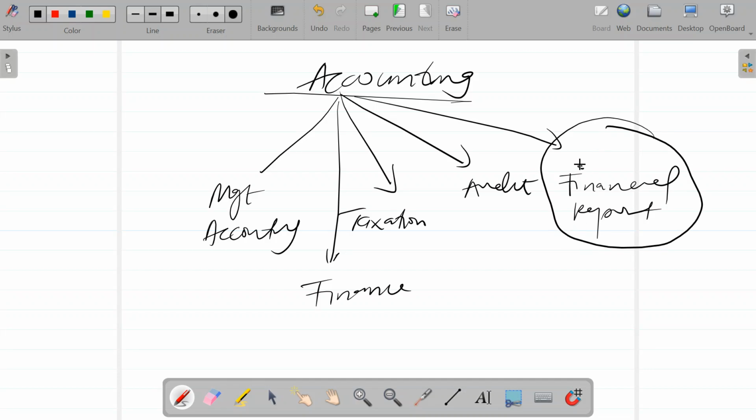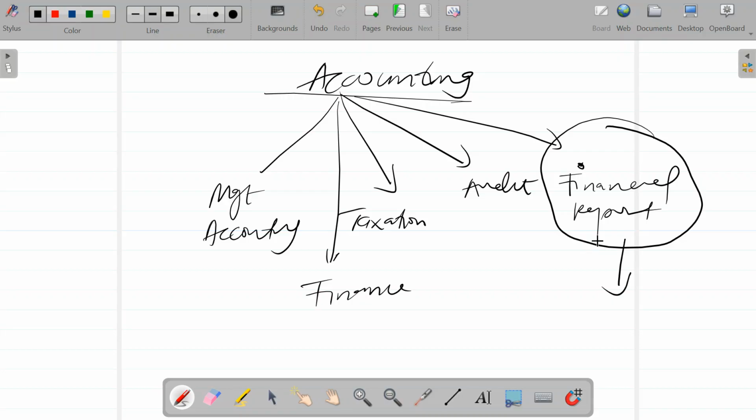So we are looking at this. This paper is on financial reports. How do we prepare financial reports? A report. And what is a report? A report is just a statement of facts about an issue or maybe an event or an incident.